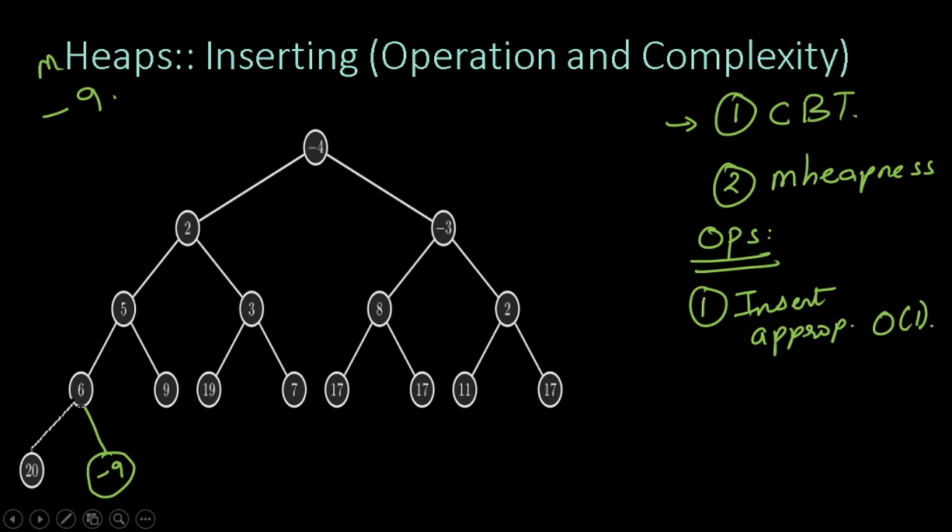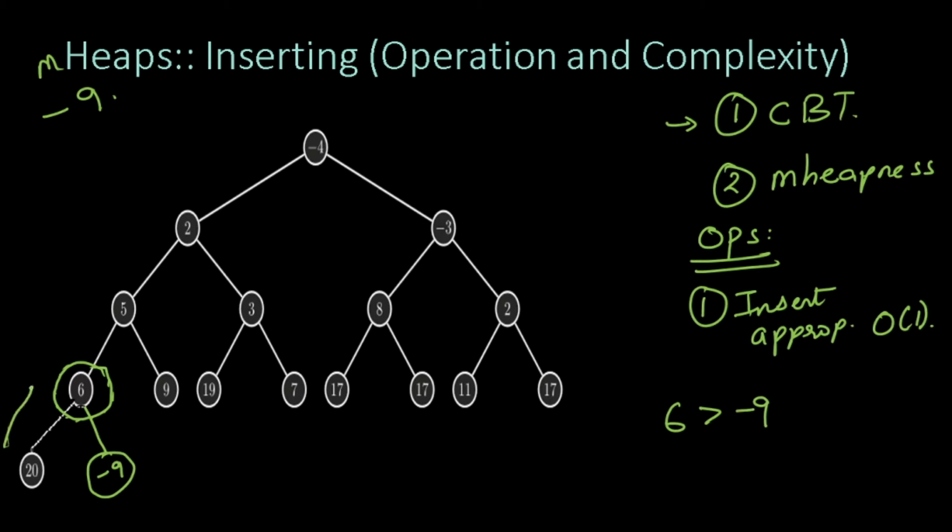But as you can see, this is not a min heap. If you take this vertex, it is 6, but 6 is greater than its child -9.